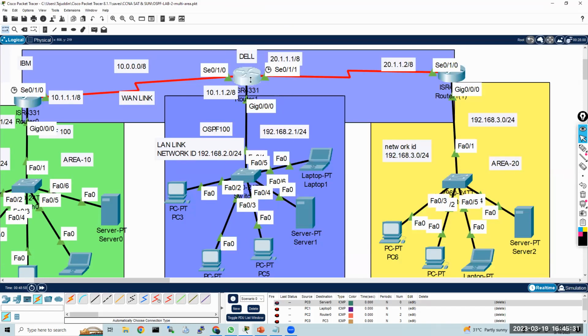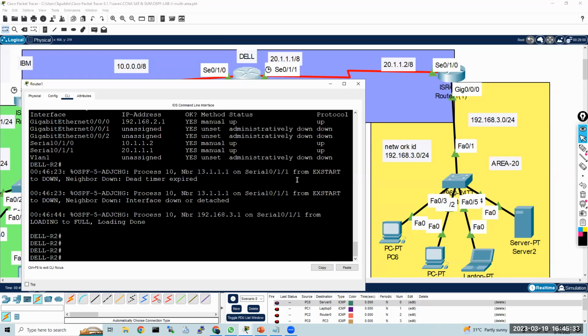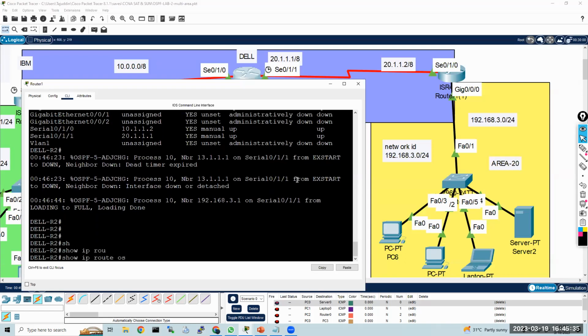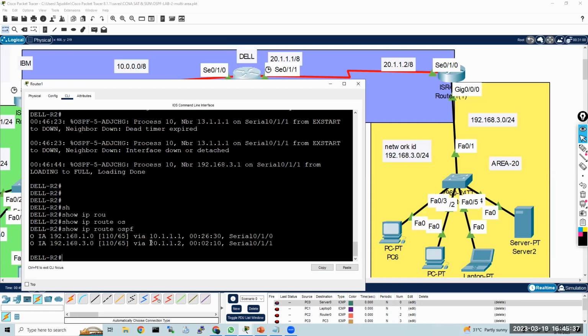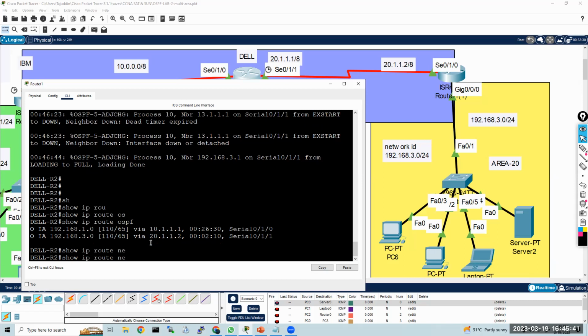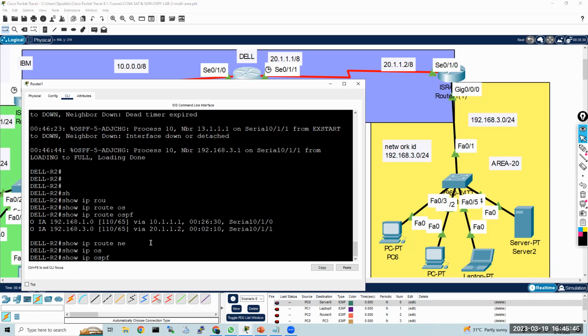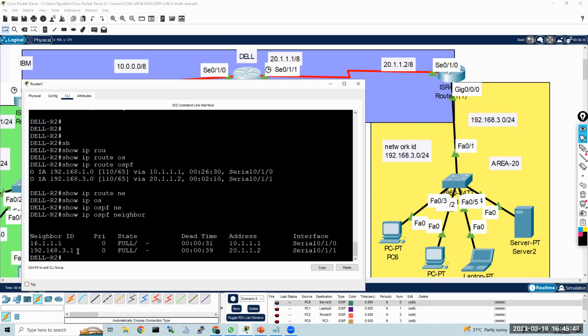If you check in router 2, show IP route OSPF, he has learned all the 3 networks. Show IP OSPF neighbor. So 3 and 16 is my neighbor. 16 loopback we have created in R1, and 3.1 is your R3 IP address.